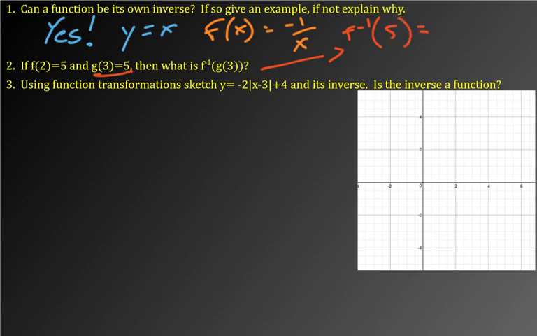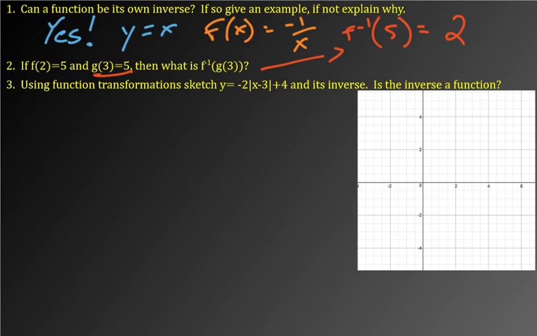And f inverse of 5, you would have to go here, right? So if you take f inverse of both sides, you cancel that f right there, and you'll have 2 would equal f inverse of 5. It's just going to reverse the thing around. So that's how you would kind of do that one. If 2 goes to 5 through f, then 5 goes to 2 through the inverse.